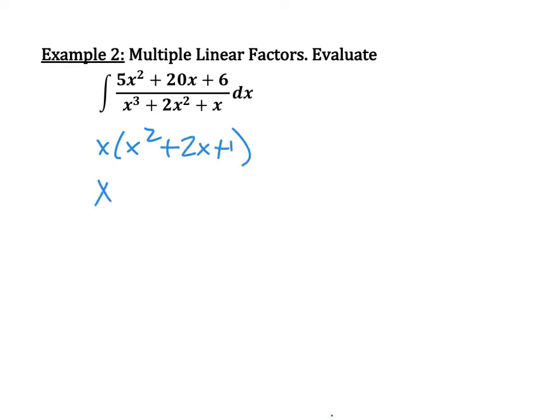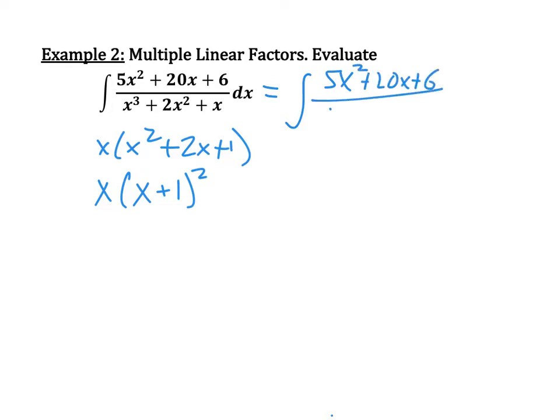And that factor there is x plus 1 times x plus 1, or x plus 1 squared. So this guy can be written out as 5x squared plus 20x plus 6 all over x times x plus 1 squared.